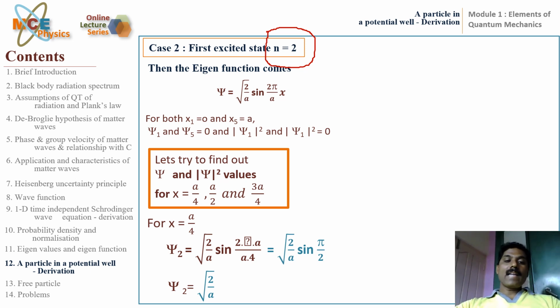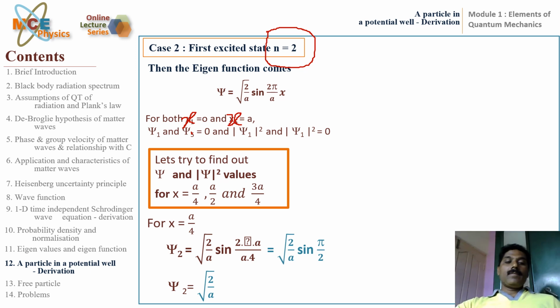And for x equal to 0 and x equal to a, what do you get? You will get psi value 0. Why? Because if 0 is put and a is put here, as observed in the previous part of the discussion, psi becomes 0, and mod psi square is also 0.